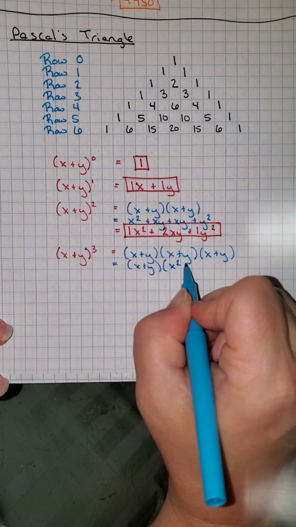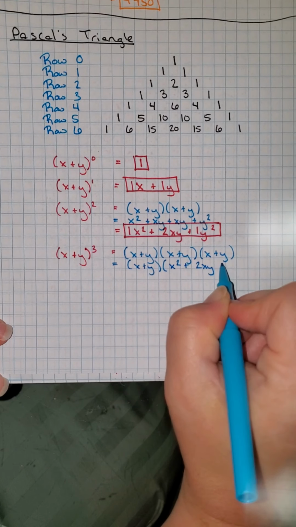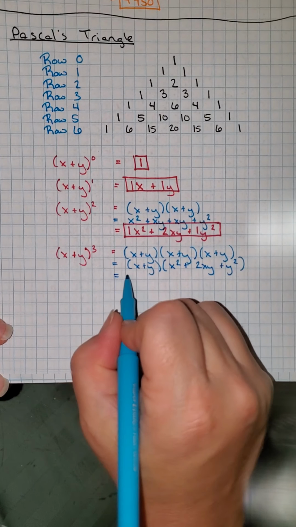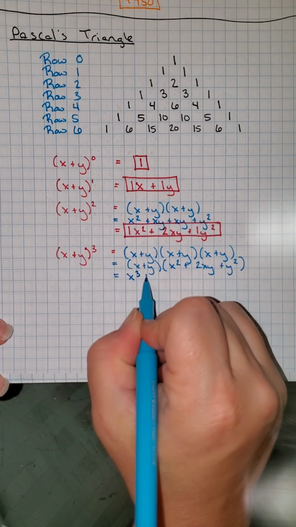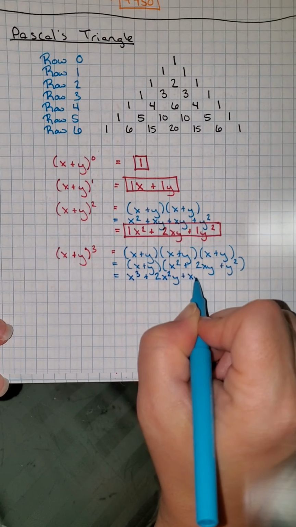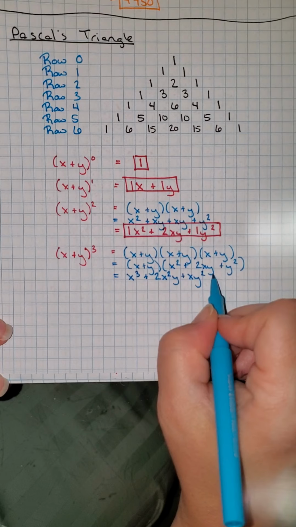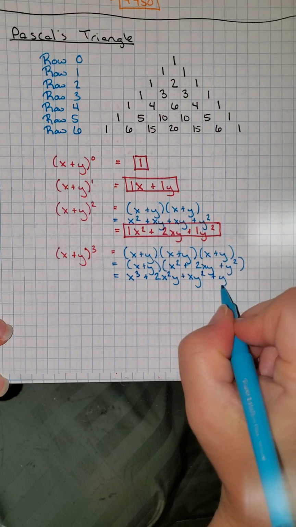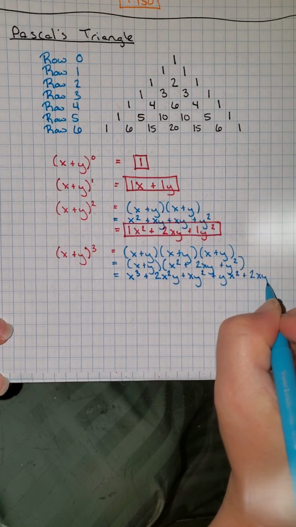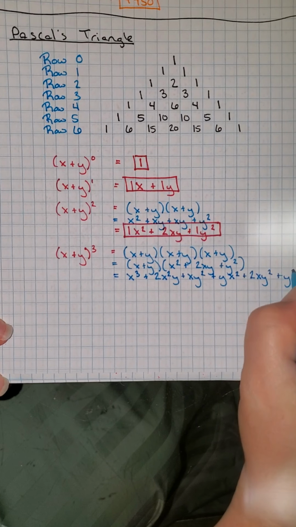I'm going to use my answer, x squared plus 2xy plus y squared, and then multiplying these together, distributing the x, you would have x to the third plus 2x squared y plus xy squared. Then distribute the y: y x squared plus 2xy squared plus y to the third.